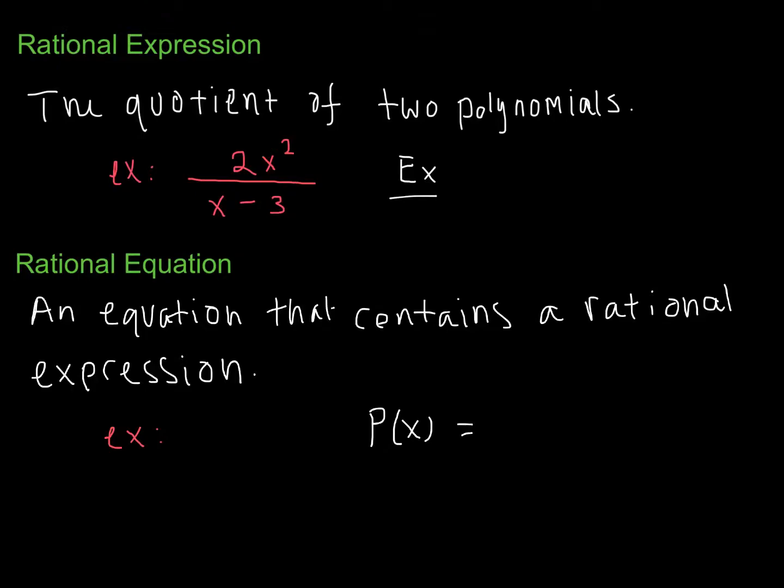And this could potentially be x plus 7 divided by 2x, right? And notice here that I have an equation set up where the population, which depends upon x, is actually a quotient. The relationship between x and P is found by dividing.